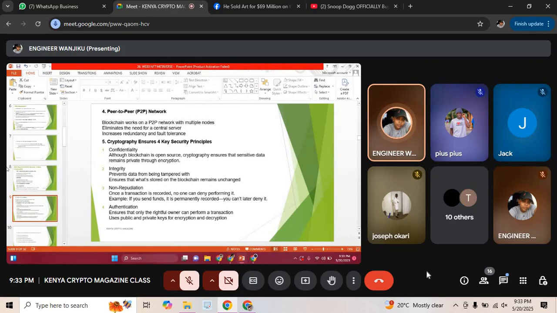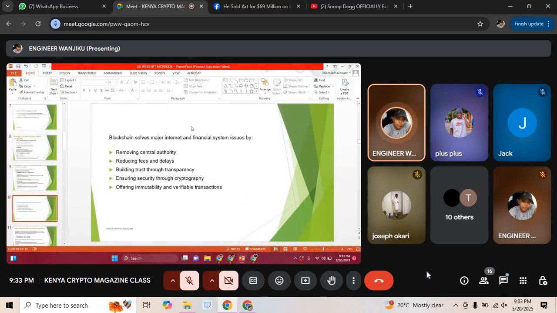Number 4, authentication. It ensures that only the rightful owner can perform a transaction. So it uses public and private key for encryption and decryption. So the blockchain, in summary, solves major internet financial system problems by doing what? Number 1, removing central authority like banks, depending on the field.